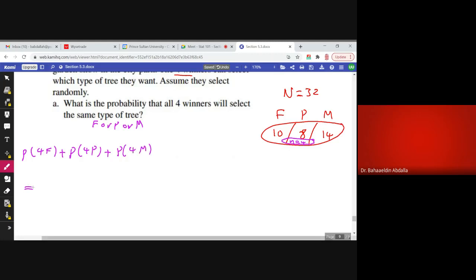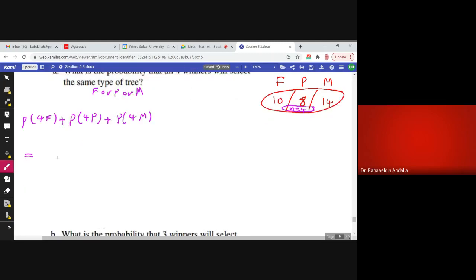Well, probability that the 4 are fruits, as usual, we have C and we have 3 kinds of trees. So C times C times C. In total, we have 32, and we are selecting 4 of them. And these 32 are divided into 10, 8, 14. And now I choose all the 4 from the 10. So this is the probability of 4 fruits.